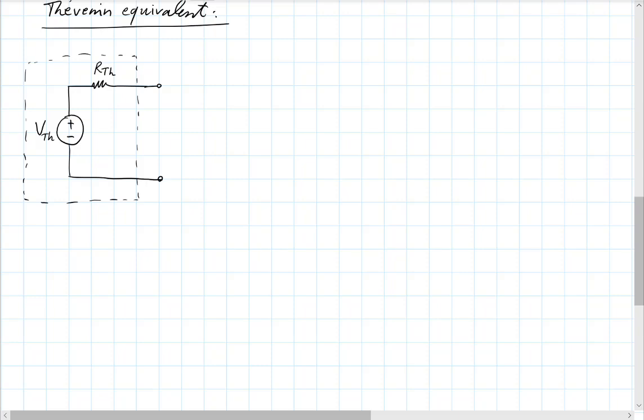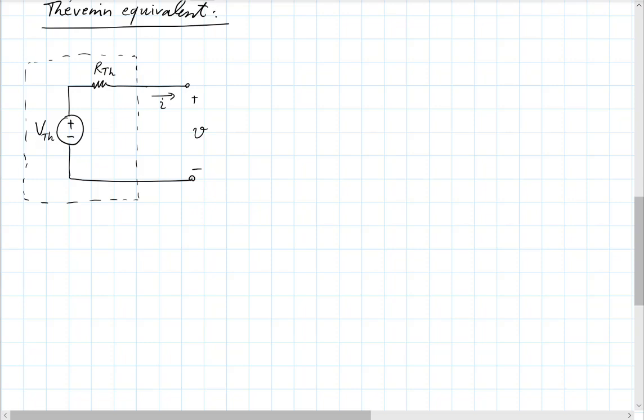And recall that we essentially looked at the current voltage characteristics for such a circuit. And remember, the way I defined the current, I'll make this a little longer to make it easier to see. This is how I define the current, this direction. So when I draw the IV characteristics, keep in mind this is the way I've defined the current.